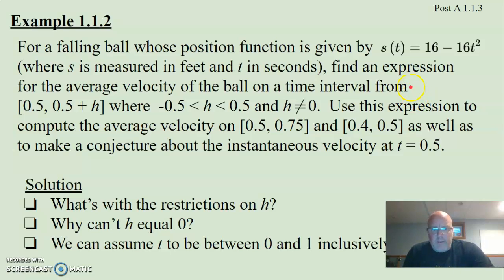The reason is, and we pretty much just answered it, that t can't be any less than 0 because t is time. And if t is greater than 1, then this position function goes negative. So if we were to look at a graph of this, the position function would only make sense while the ball is falling for a period of 1 second. It's dropping for a period of 1 second, and that's it.